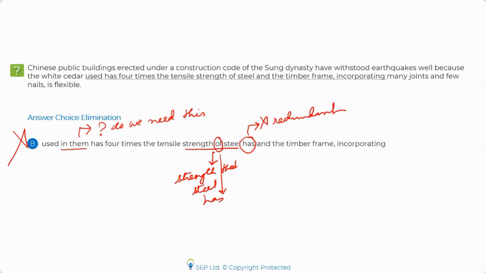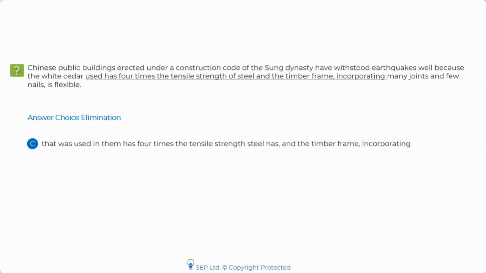Very small percent of you chose B. C, that was used. Now this is incorrect. Why? It is still in use because the buildings are still standing. If you say that was used, the implication is the white cedar is no longer in use.